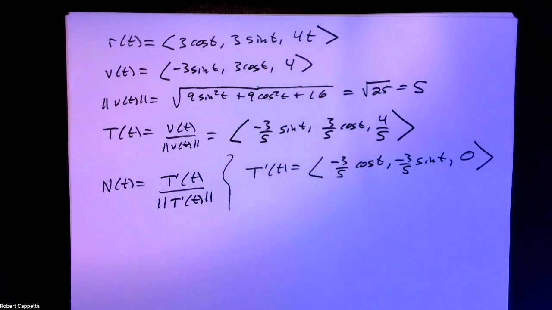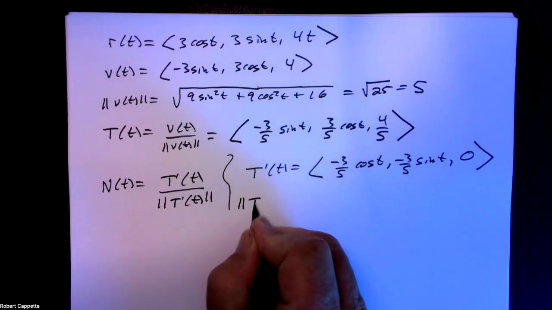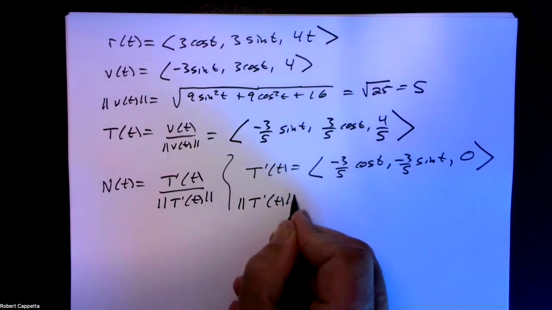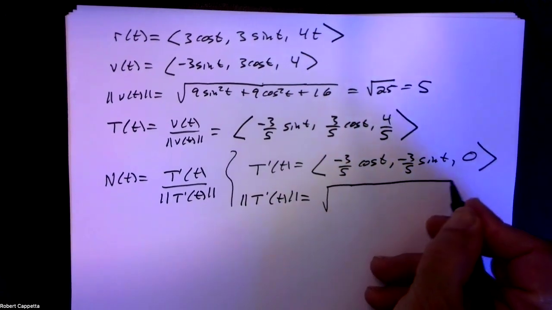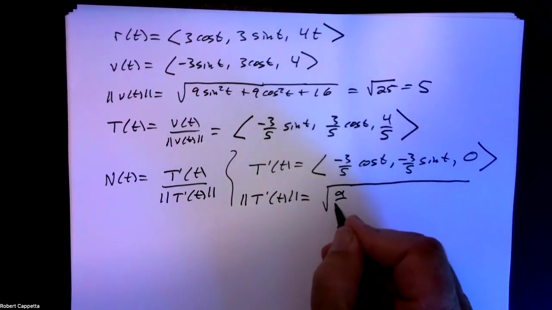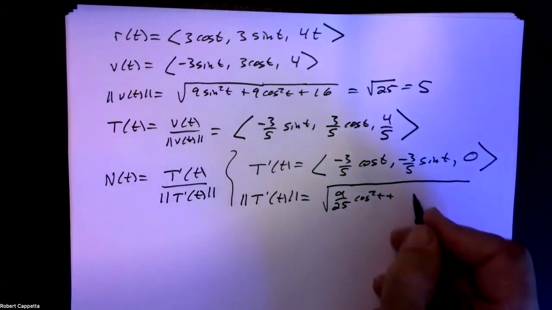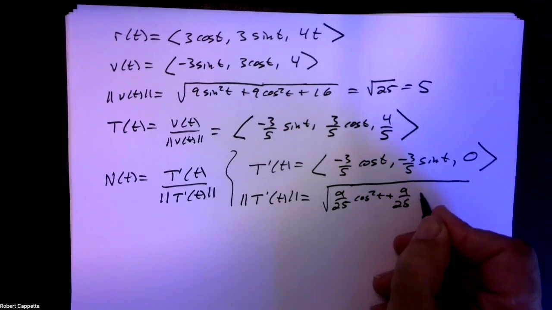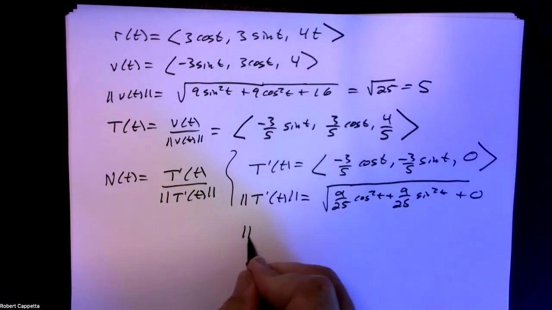Then what do we want to find? We want to find the magnitude of T prime of t, which will be what? Square root of 9/25 cos squared t plus 9/25 sine squared t plus 0.